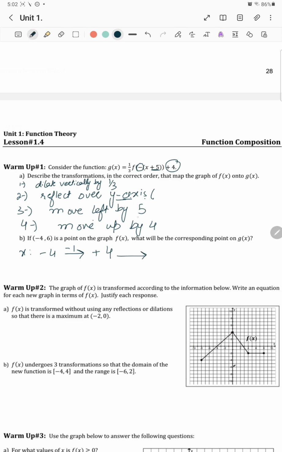Then move left by 5 means plus 4 becomes minus 1. Y is dilated vertically by 1 by 3, so 6 multiplied by 1 by 3 is 2. Move up by 4, so it's plus 4, which is 6. So the new point is minus 1, 6.